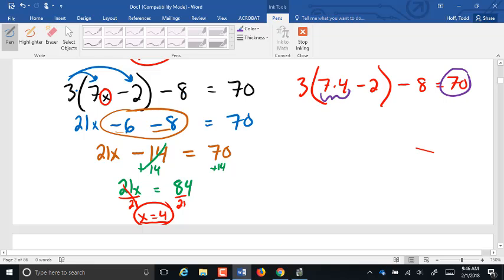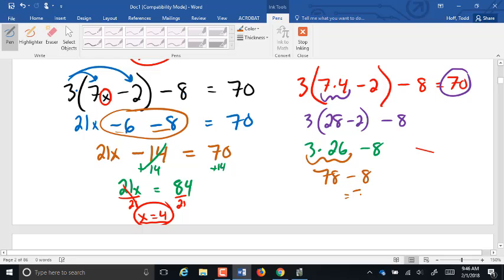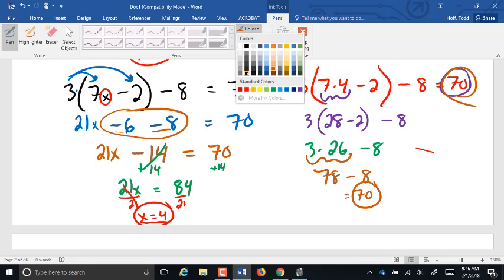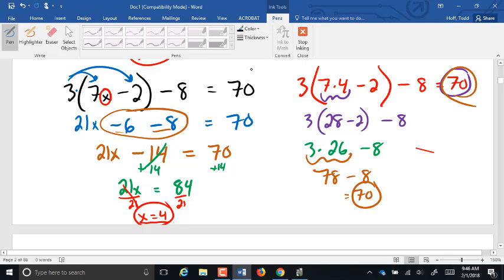Over here, we got to start in the parentheses. 7 times 4 is 28. 28 minus 2 is 26. We can remove the parentheses now. 3 times 26 is 78. Minus 8 is 70. So we get the same value on each side of the equation. So we know that that's true.